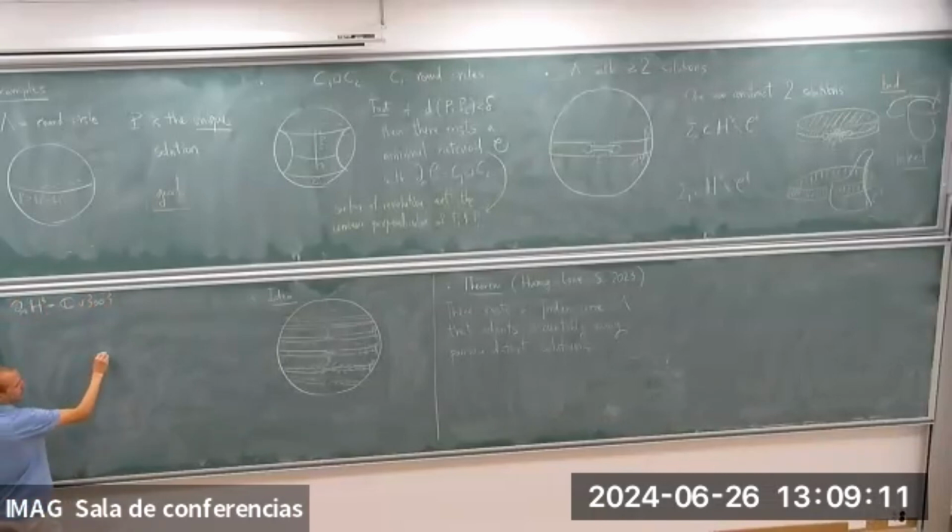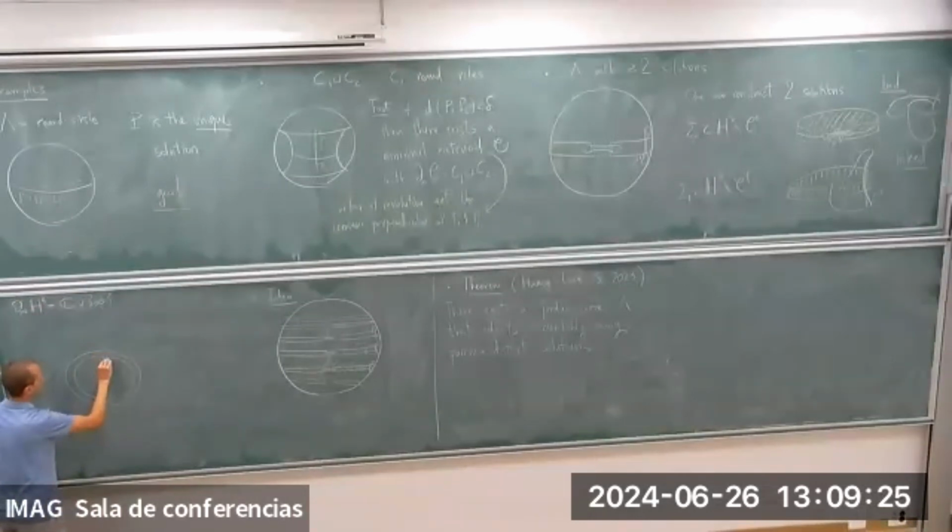So the picture looks like that. We have to play the same game. Then we connect with the band to the interior and to the exterior. And then we continue. Then we keep going. Of course, it's very difficult to draw reasonably.